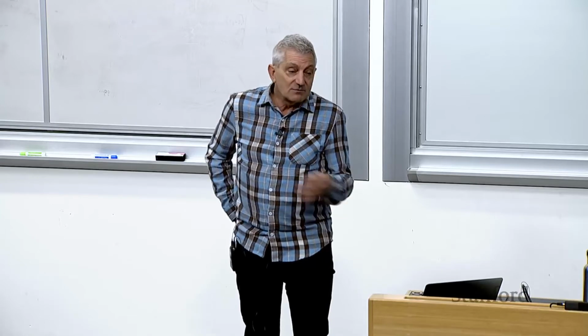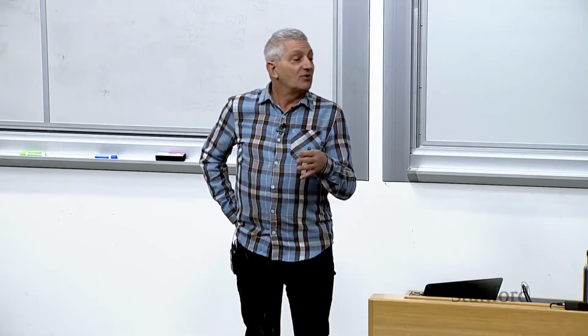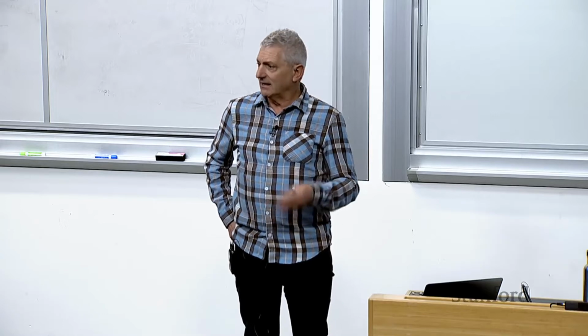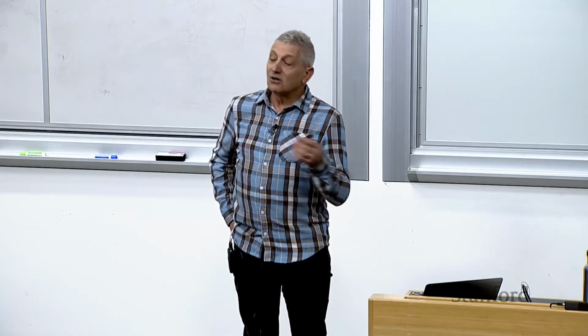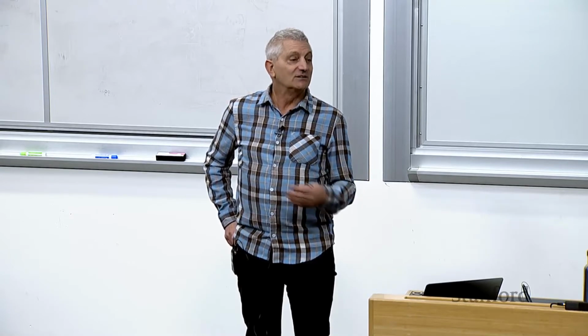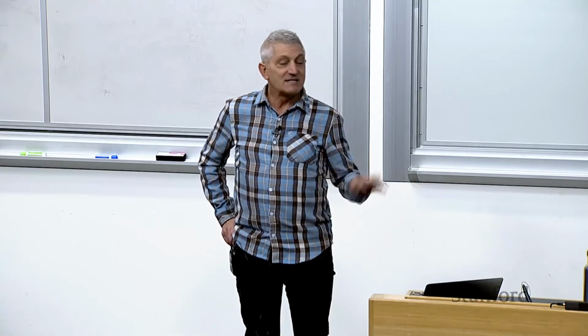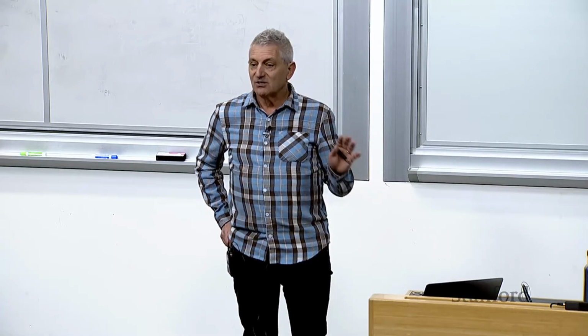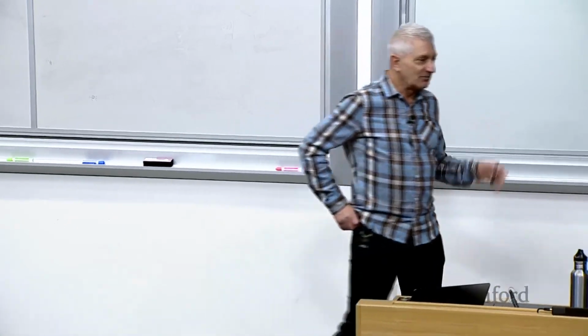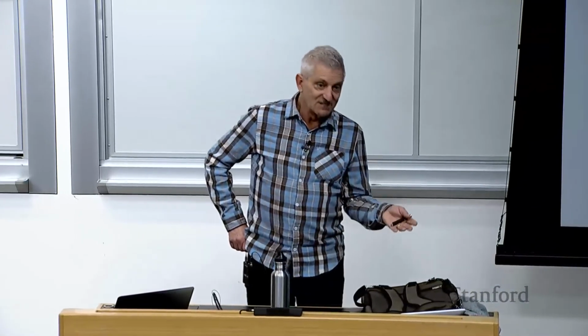Well, I'm solving a sequence of quadratic minimization problems. Quadratic minimization, that's linear algebra, right? So we've reduced minimizing a smooth convex function to minimizing a sequence of, I don't know, some tens or whatever of quadratic minimizations, each of which is just linear algebra, right?